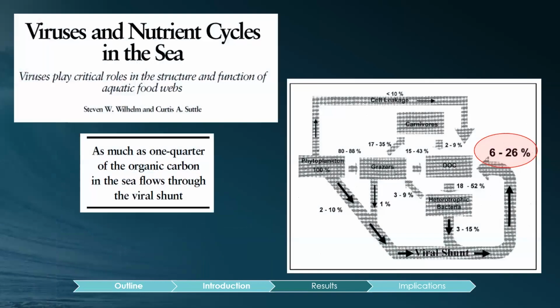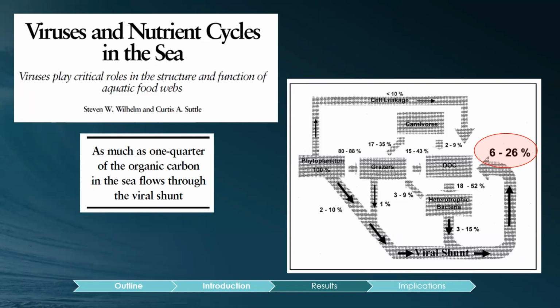This is a very seminal paper from 1999, in which Curtis Suttle and Steven Wilhelm, really well known in the viral ecology field, produced what they call back of the envelope calculations on how much carbon flows through the viral shunt. Again, this is in terms of photosynthetically fixed carbon.